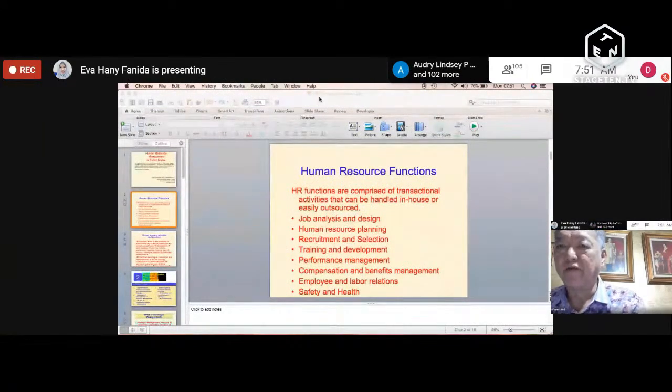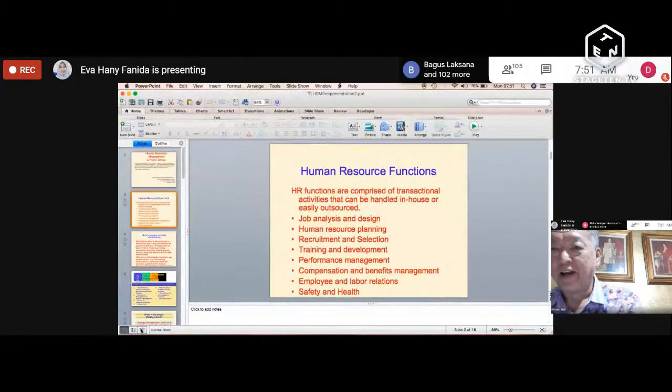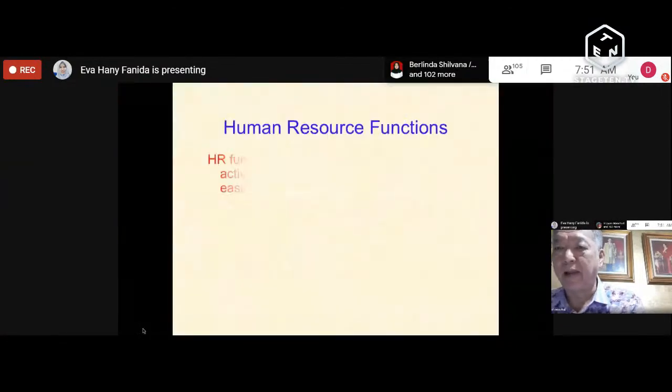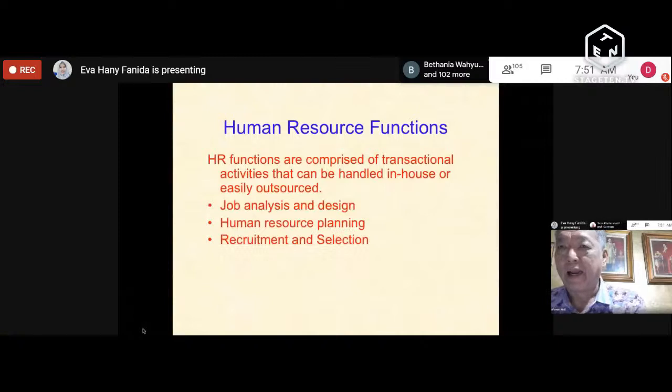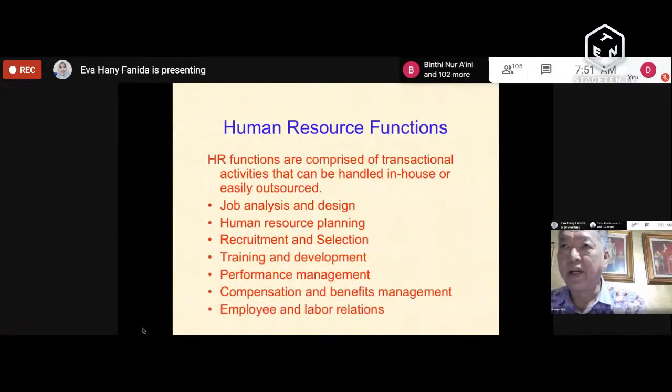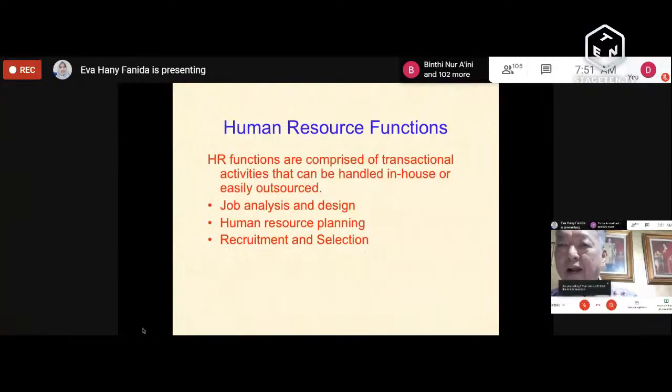And the third function is recruitment and selection. It means that when we need more people to work for us, we have to recruit and select them, because there might be many applicants or candidates. So we need to choose the best one to work for us.